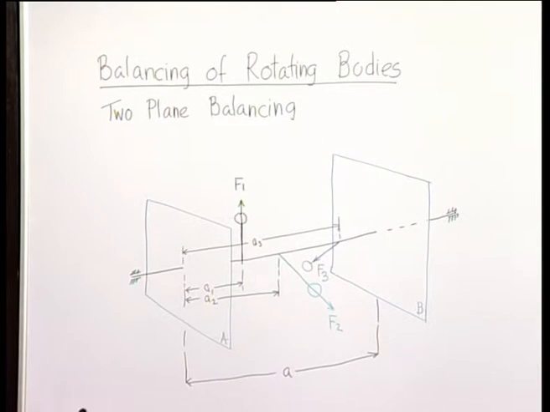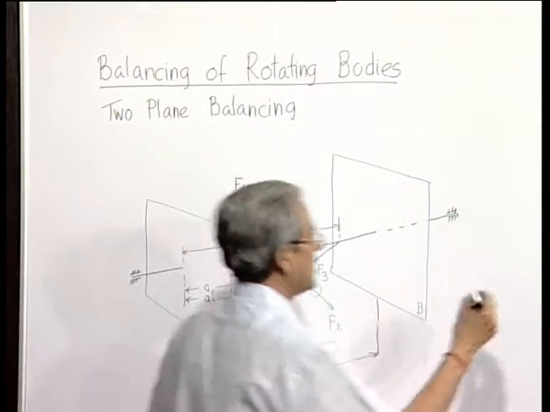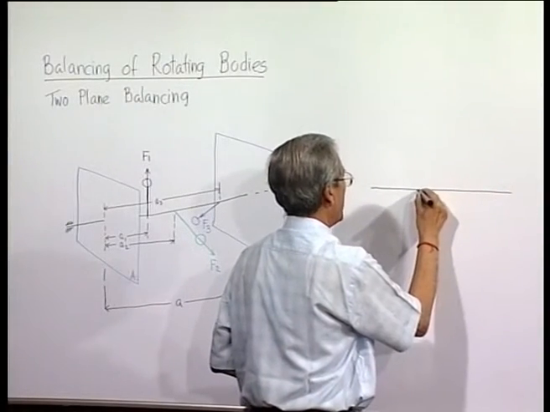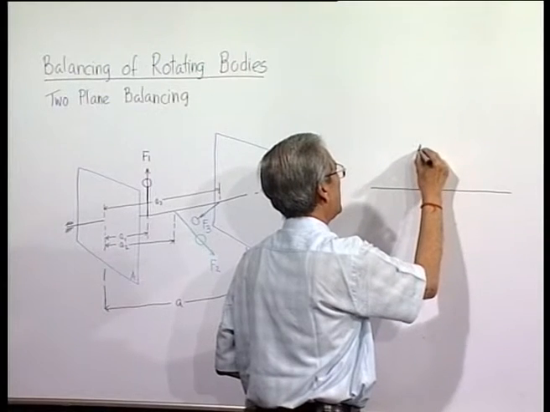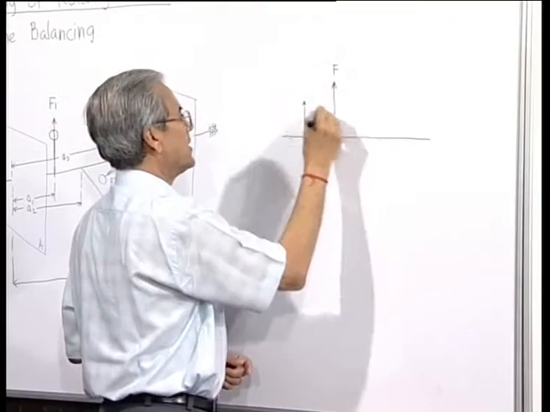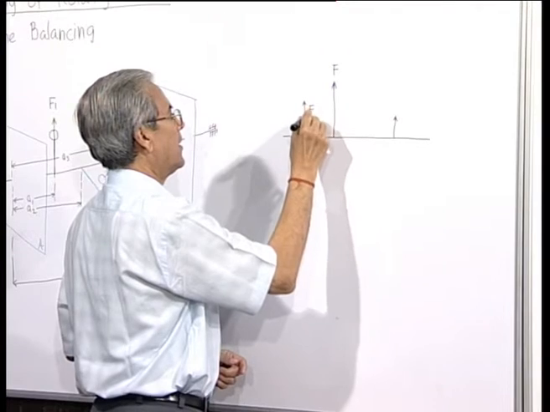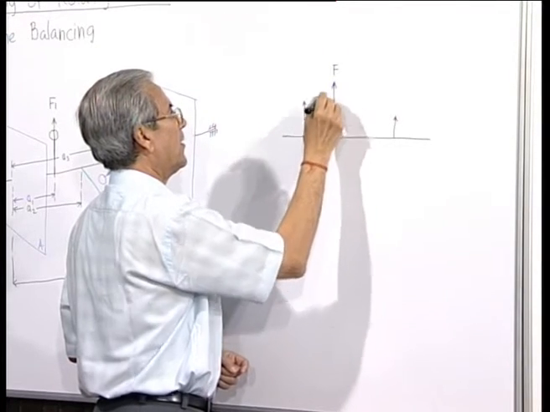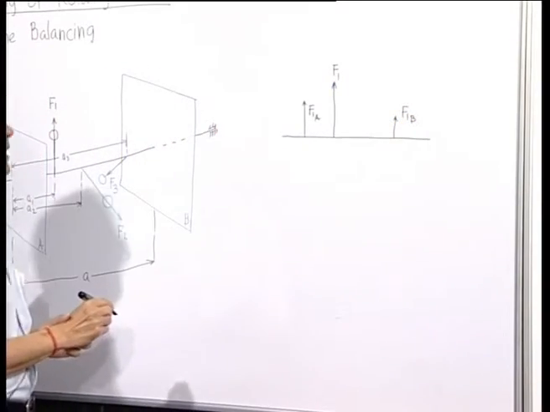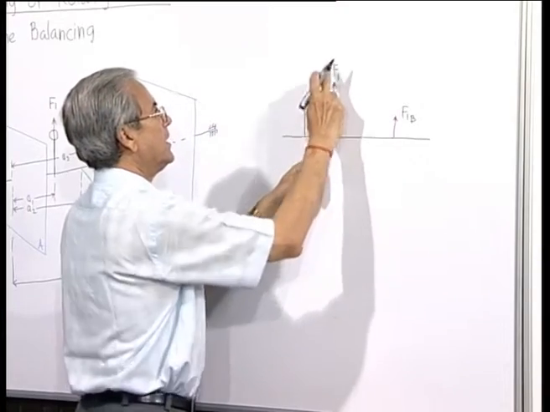Now, any force here can be represented by two forces. That means, suppose I have a force F acting here, I can always represent it by two forces at any 2 points, by F1A and F1B. So that these two forces' resultant is F1.